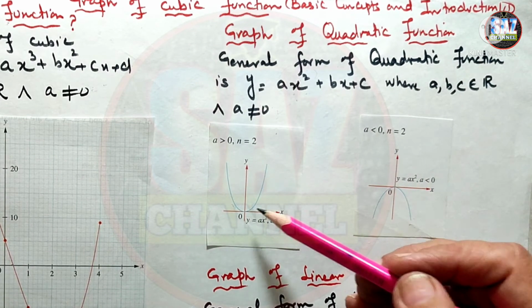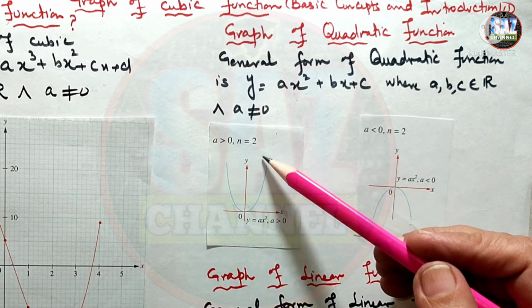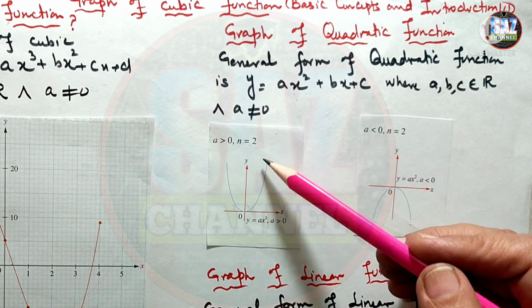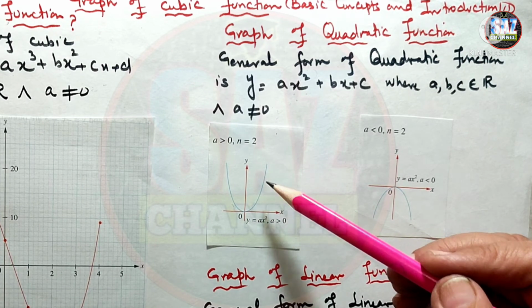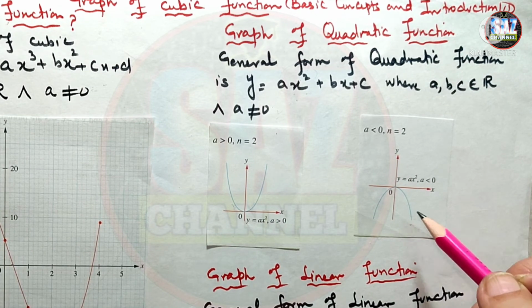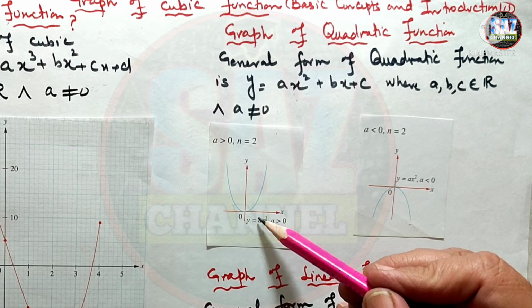Now there can be two types of situation. The name of the quadratic graph is the parabola, and a parabola can have the opening upward or the opening downward. How will you decide whether your graph will have the opening upward or downward? You have to see the sign of the coefficient of the square term.